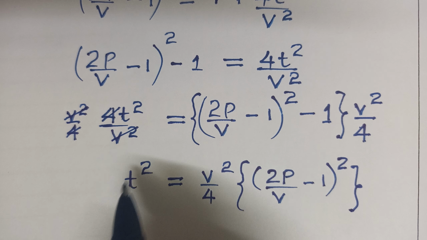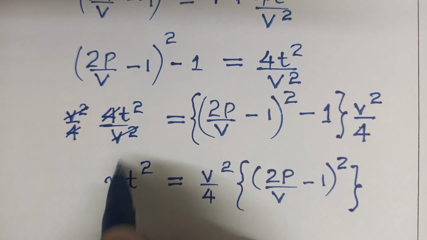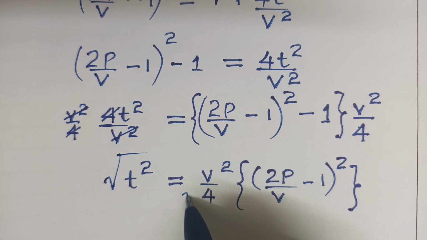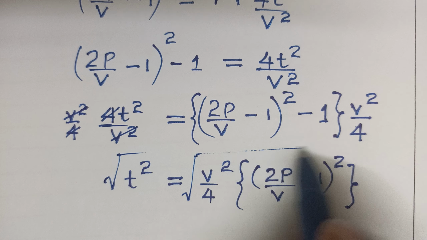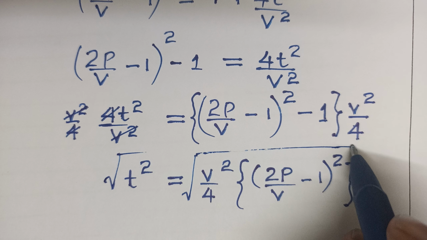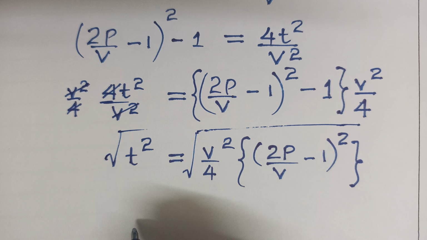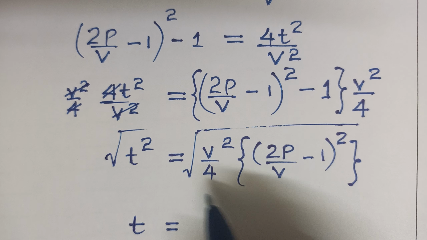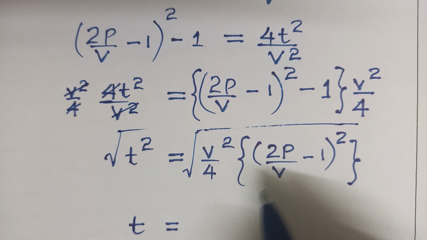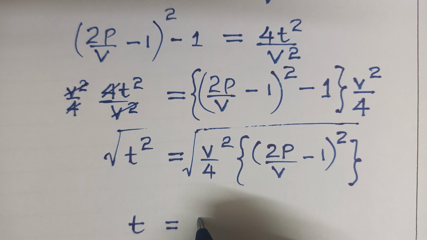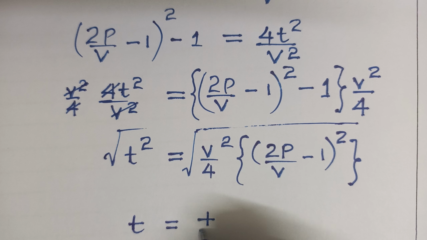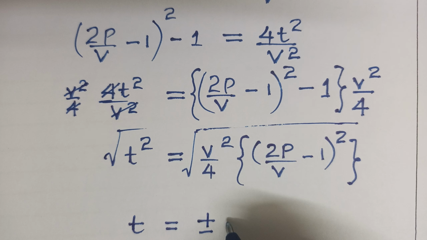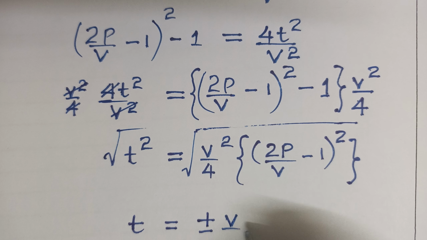And therefore, now for us to get t alone, we need to find the square root of that. So we find the square root of this side and the square root on this other side. So when we do that, we shall have t will now be equal to plus or minus v now over 2.